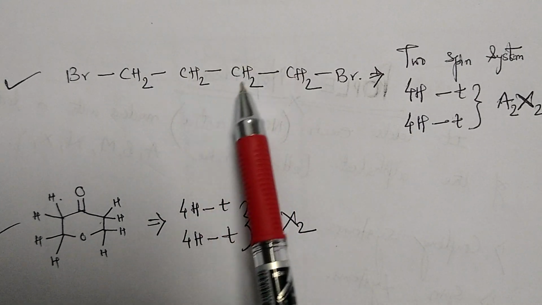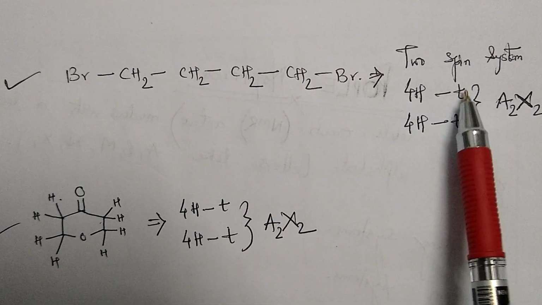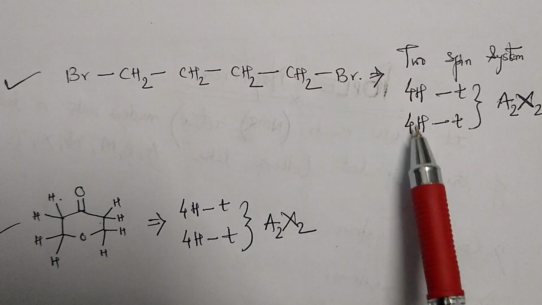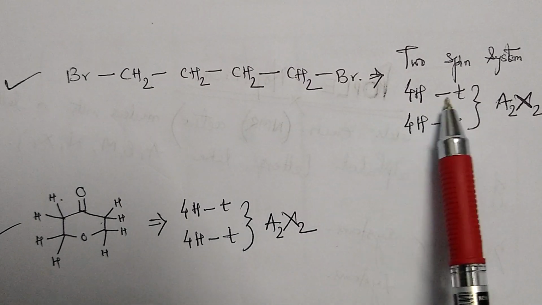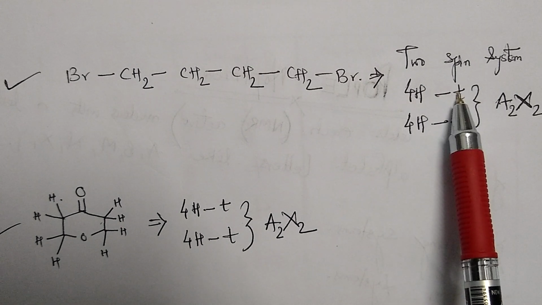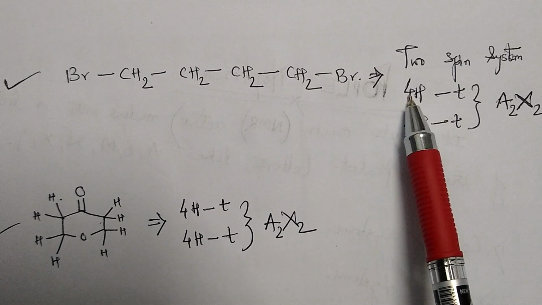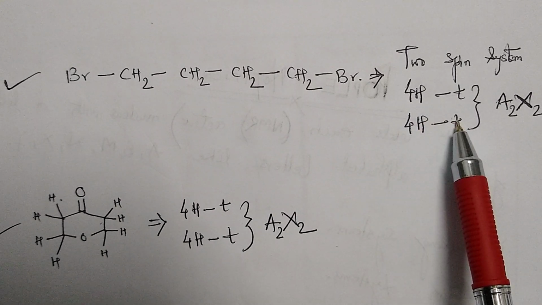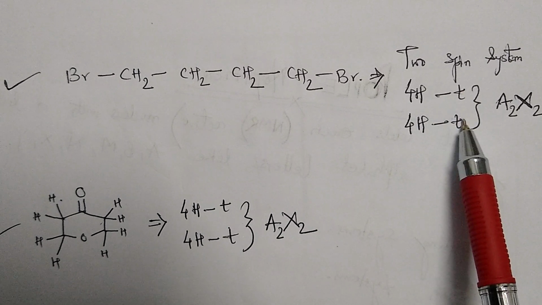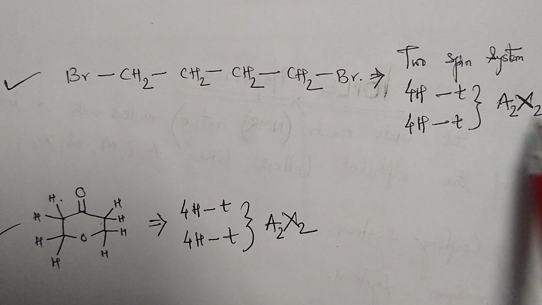So these 4 hydrogens will give a triplet, and the 4 hydrogens at the extreme sides will give another triplet. So 4 hydrogens triplet, 4 hydrogens triplet. So it has a two spin system. Alright, so it will be of AX type and it is triplet, so lowering one value each we get A2X2.